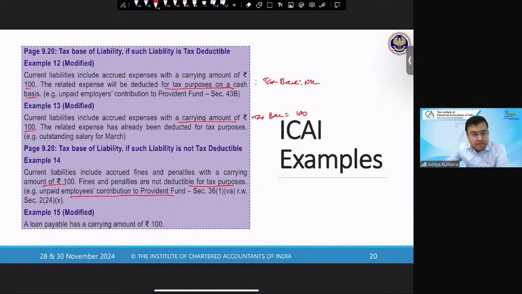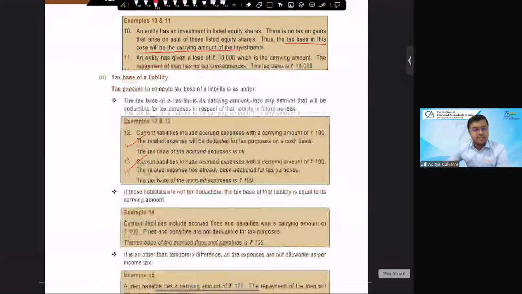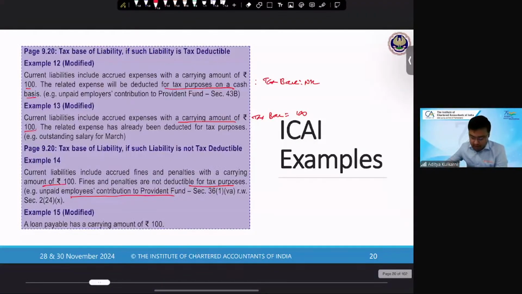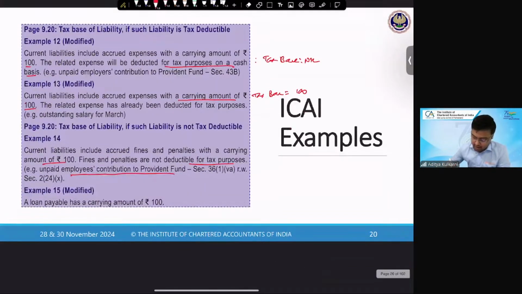So now tell me. 100, sir. Yes, tax base of penalties is 100. Because there won't be any tax implication on this. It's not deductible. So therefore, you cannot have any deferred tax computed on this. Loan payable has a carrying amount of 100. Tax base also will be 100. No tax implications. Okay. So that closes these four or five questions.